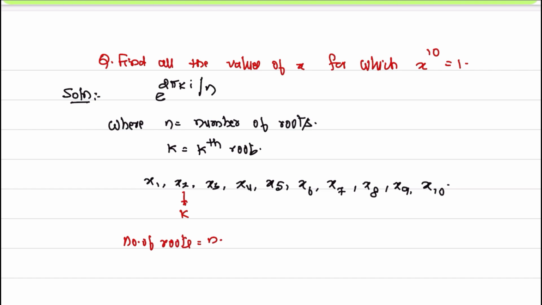This particular value was derived in the last class or the class previous to that. Please refer to that lecture, roots of unity, under complex numbers, and understand how we got the value e to the power of 2 pi k i by n.